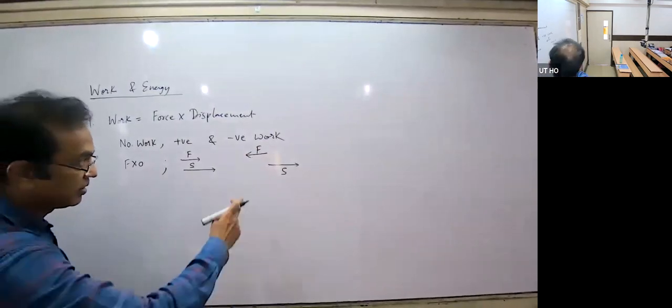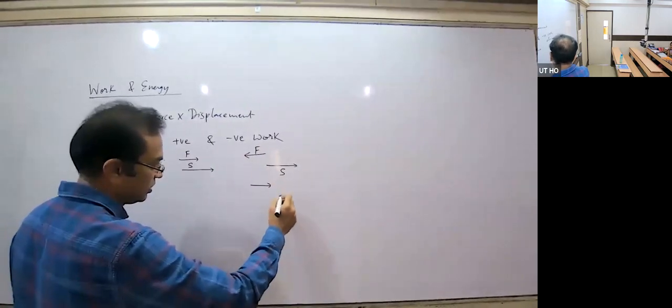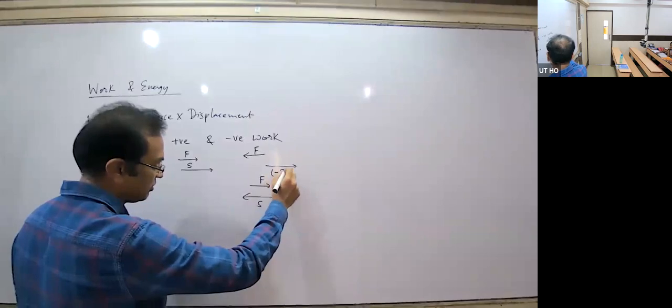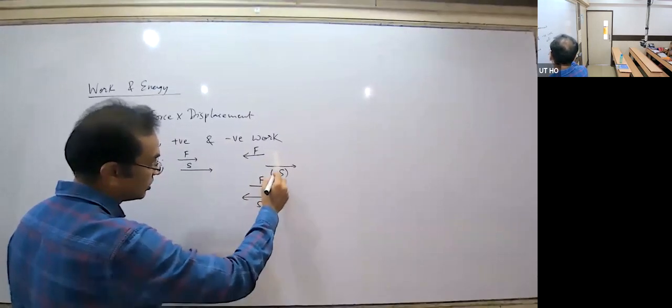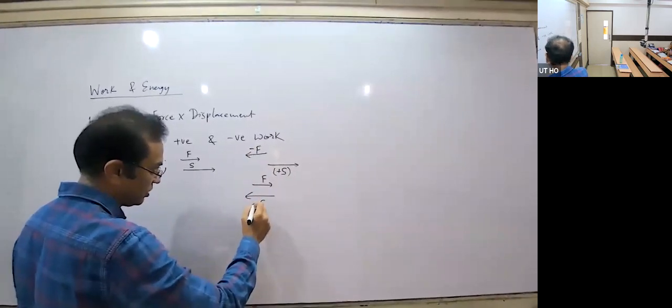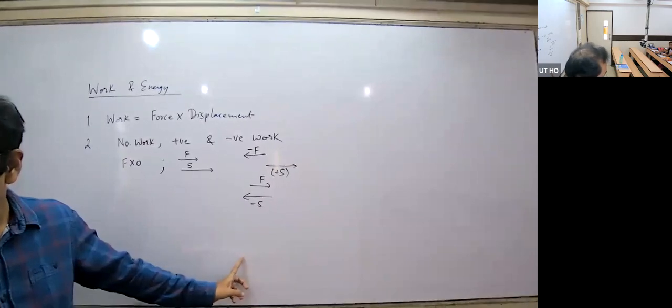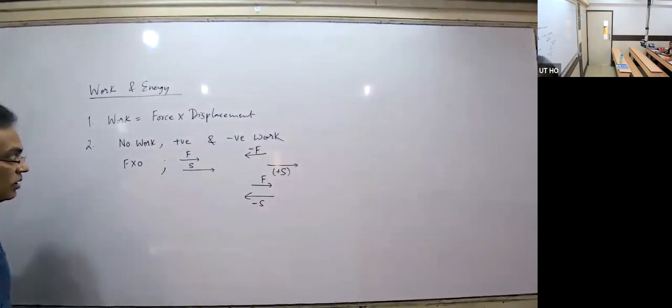So it will be minus F into S. If it was force in this direction and displacement in this direction, then this is plus and this is minus. Right to left is minus. So these are the examples of no work, positive work, and negative work.